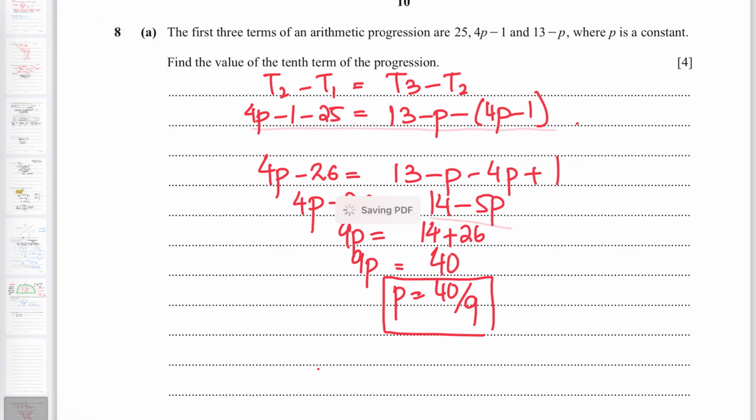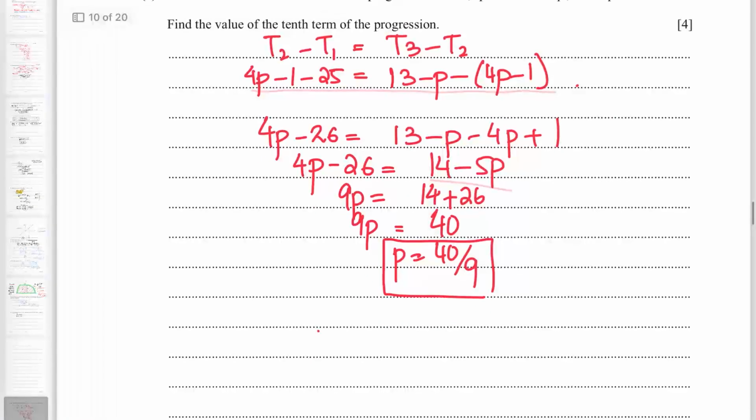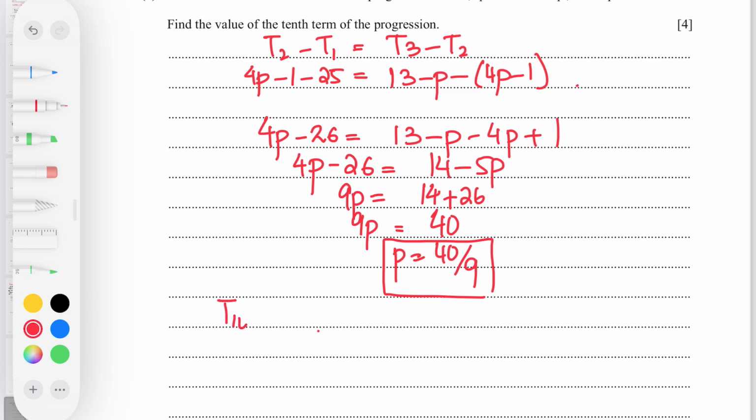All right, now the value of the 10th term of the progression. 10th term means a plus n minus 1 d. So let's write in the formula first. The value of a is 25. That's the first term. 4p minus 1 is the second term.